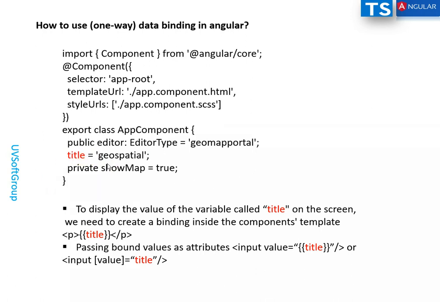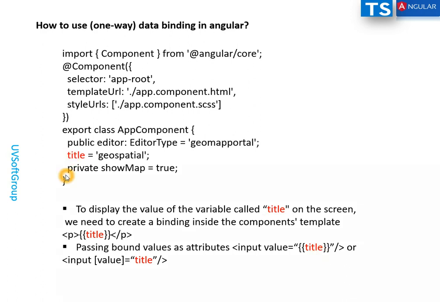So you see the title of the application, and there is input. If you try to display this application name on any page of your application, you can just pipe it like titles, and they have paragraphs and titles. Even so, you can bind it by passing the bound values as attributes like input value, and you pass your attribute name here.